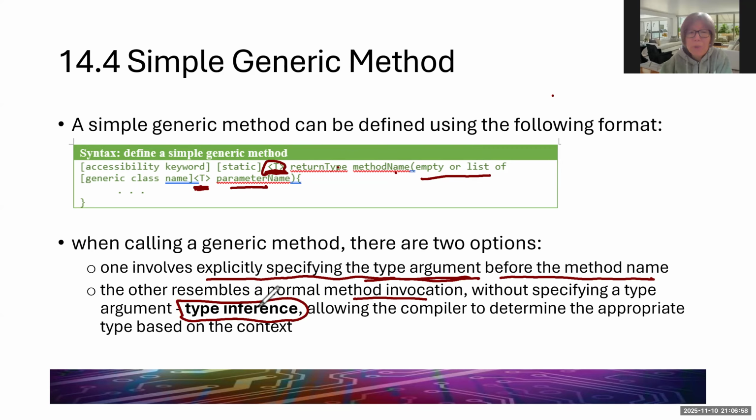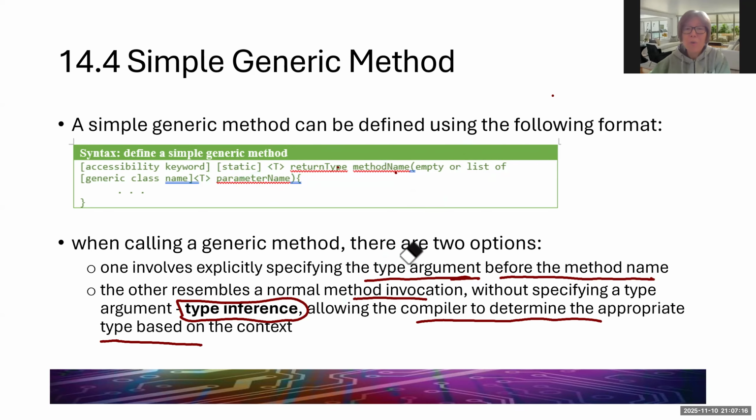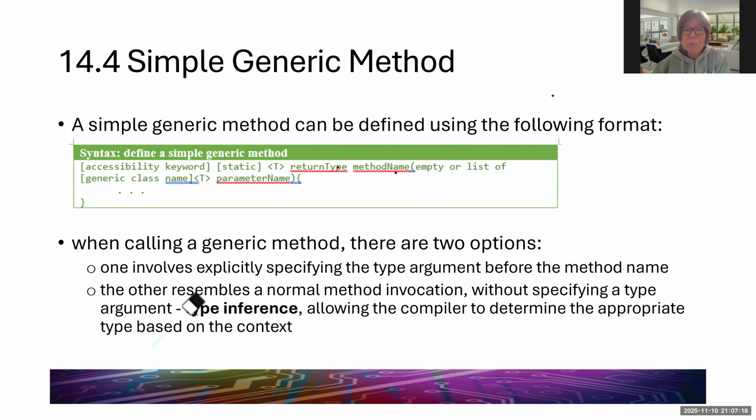For type inference, it allows the compiler to determine the appropriate type based on the context. So for invoking a generic method, we have these two options: provide the type argument, or not, using type inference.